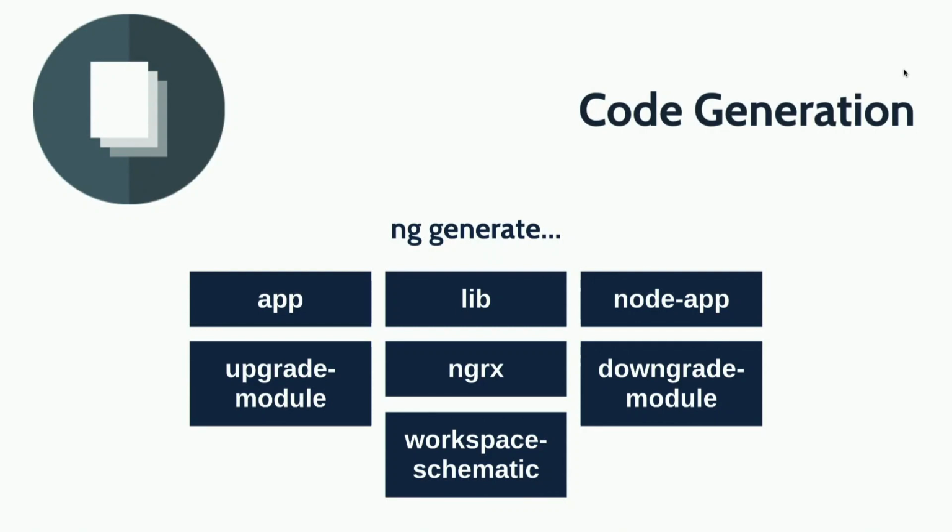Then there are two on the sides, upgrade and module. Those are for upgrade projects, so people that are still using AngularJS that want to upgrade to modern Angular can use those. NgRx has it all set up for you. If you've ever tried to set up NgRx, I know I've failed many, many times. It's much easier if it's all generated for you at once. And then the last one, other notebook.